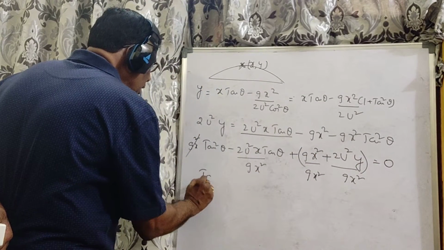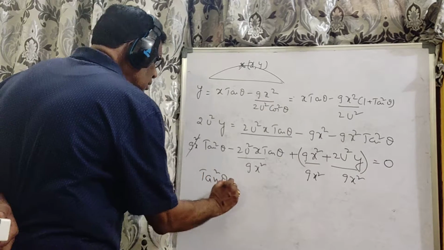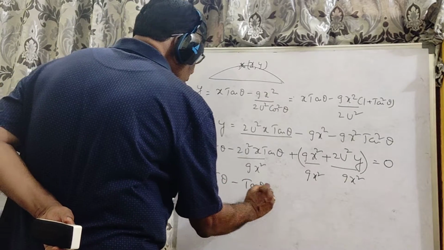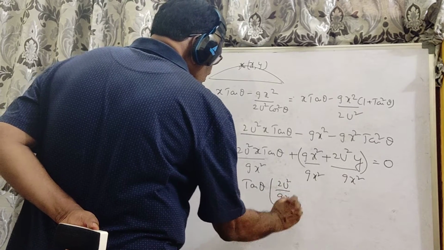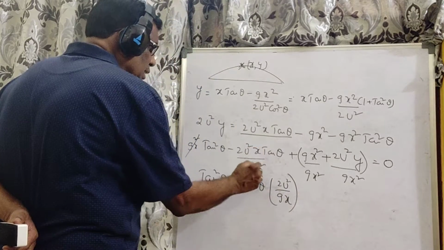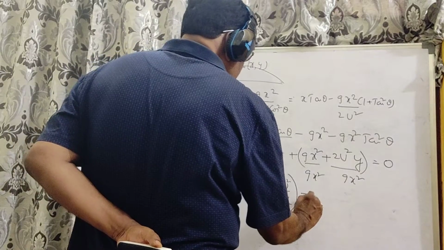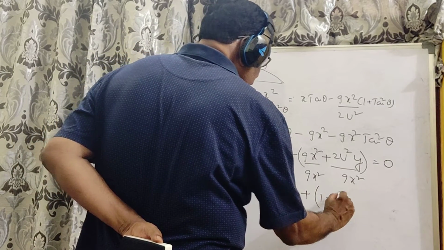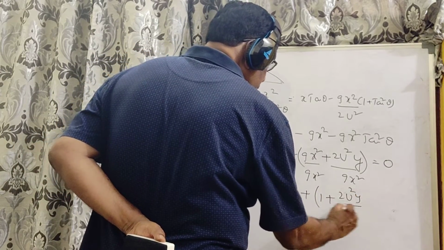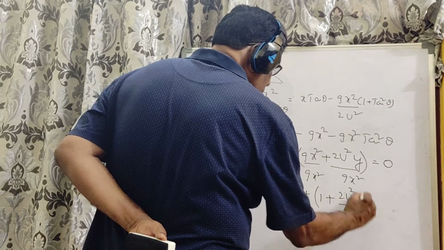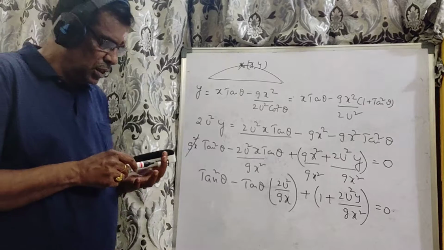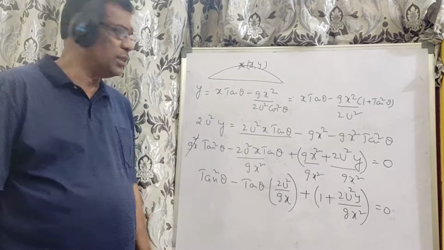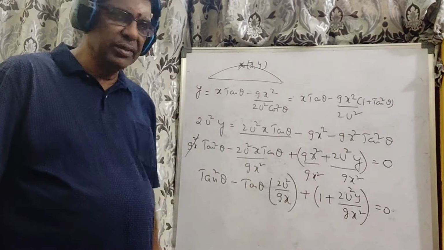So I'm rewriting this: tan square theta minus tan theta into 2u square by gx, because x gets cancelled. This is plus 1 plus 2u square y by gx square. Now I have brought it down to a simple quadratic equation in tan theta.